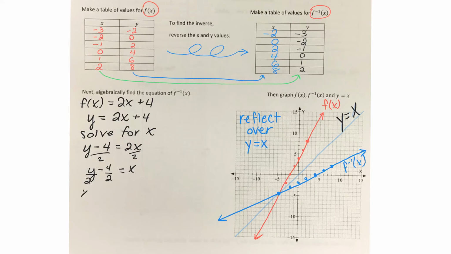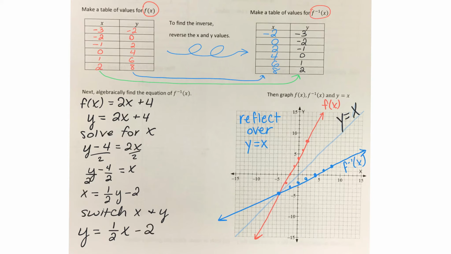So this gives me, let me clean this up a little bit. I have x equals 1/2 y minus 2, right? Because this is 1/2 and 4 divided by 2 is 2. Now my final step is I'm going to switch x and y. So I'm going to have y equals 1/2 x minus 2.